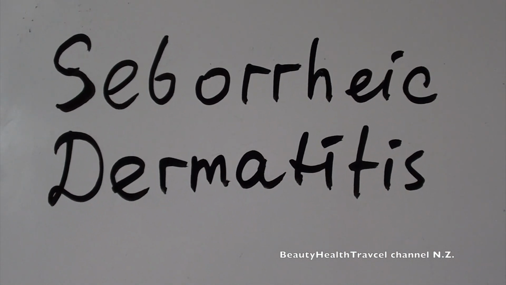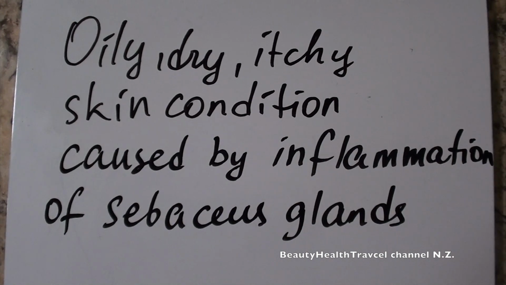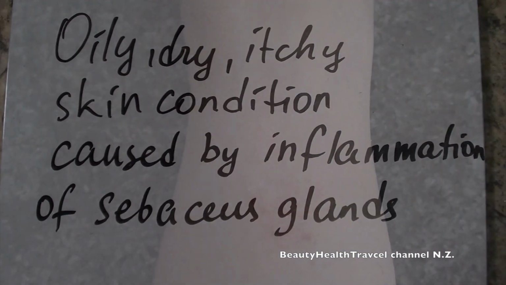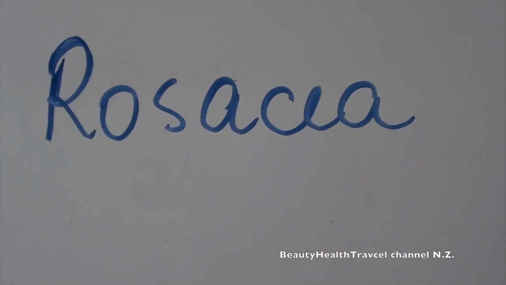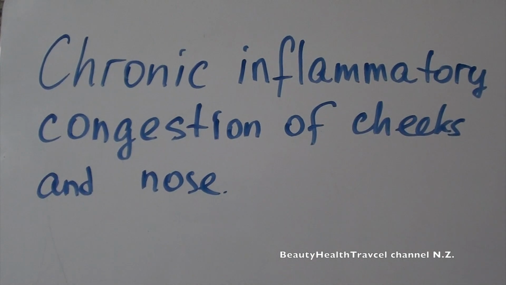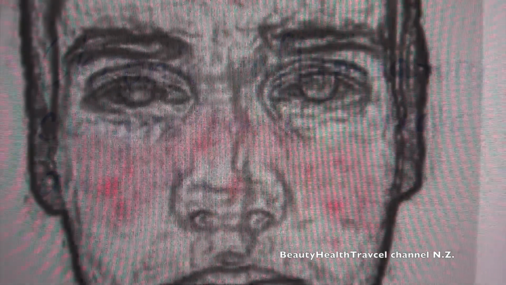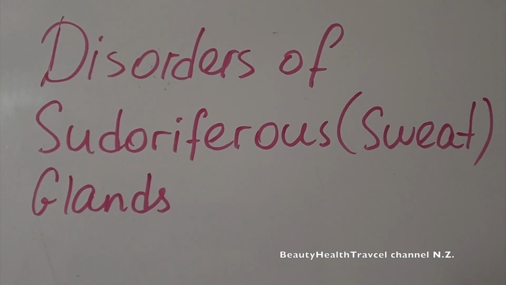Seborrheic dermatitis, oily, dry, itchy skin condition caused by inflammation of sebaceous glands. Rosacea, chronic inflammatory congestion of cheeks and nose. Disorders of sudoriferous sweat glands.